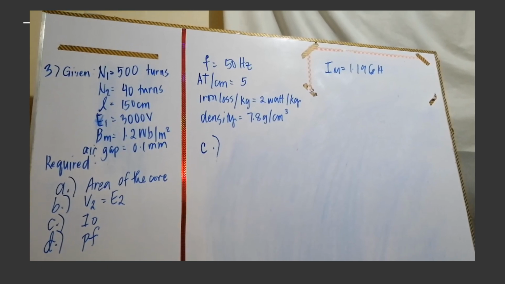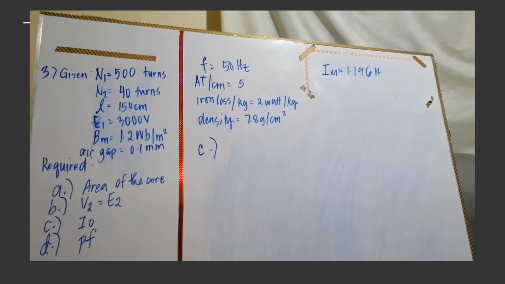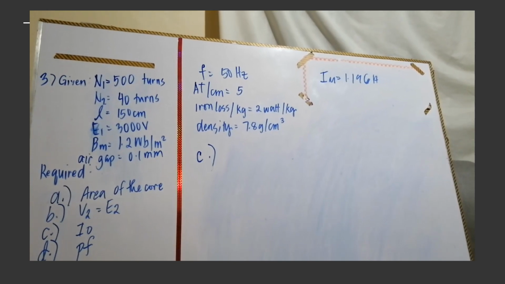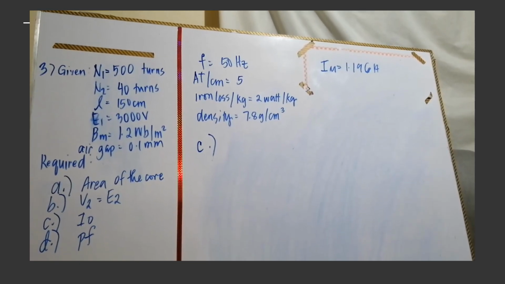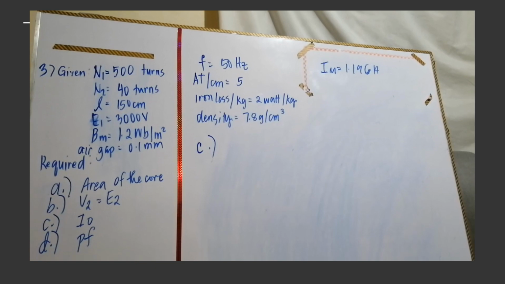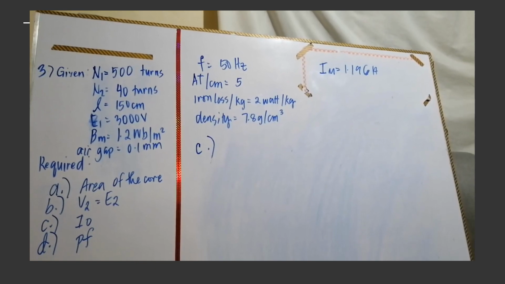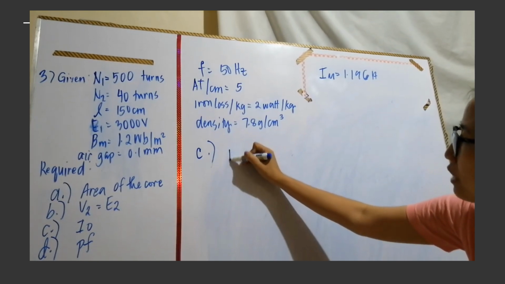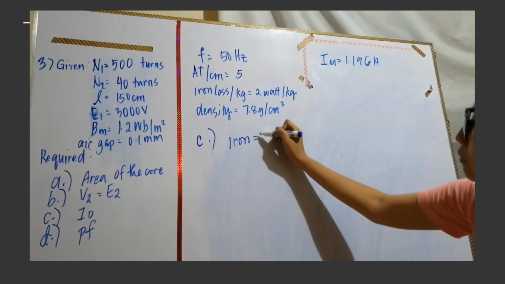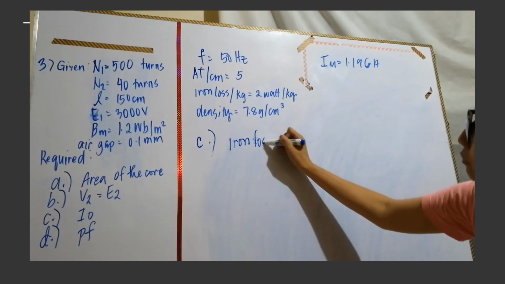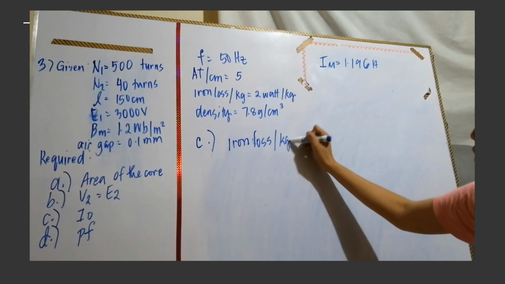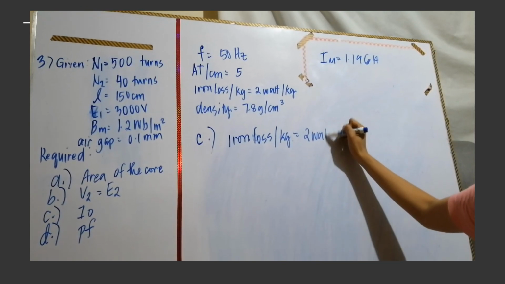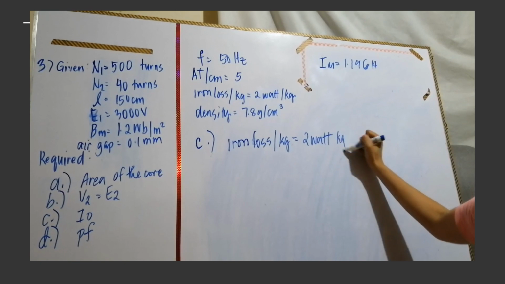Now, let us proceed to getting the iron loss component of no load primary current I sub 0, which is I sub w. By getting the total iron loss, we are given that the iron loss per kilogram is equal to 2 watts per kilogram.